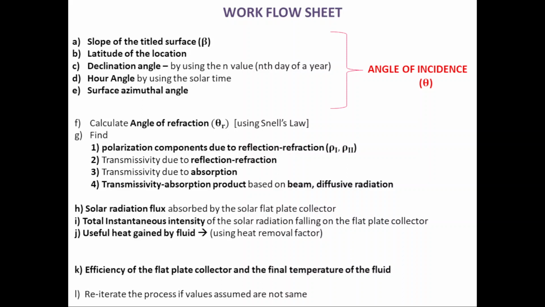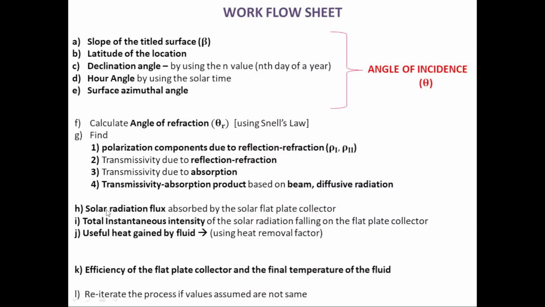Once you know your transmissivity absorptivity product for beam as well as diffusive radiation, you will be able to calculate the solar radiation flux that gets absorbed by your solar flat plate collector or solar concentrating collector or any kind of solar collectors.